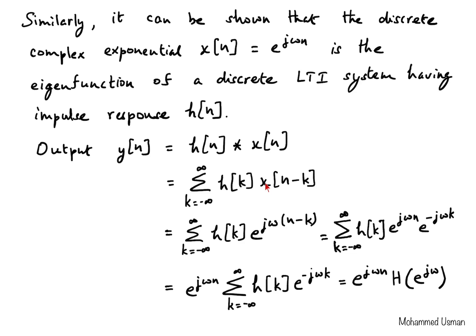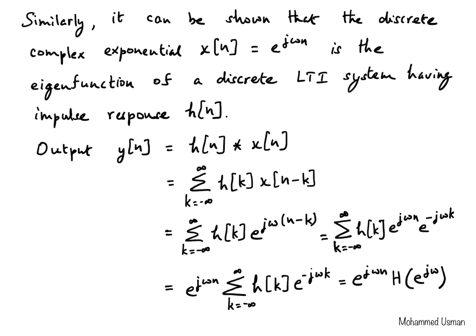Now in place of x of n we have to put x of n minus k. That means in place of n we replace n minus k. So we get h of k e power j omega (n minus k), and this exponential can be split into e power j omega n times e power minus j omega k, right?